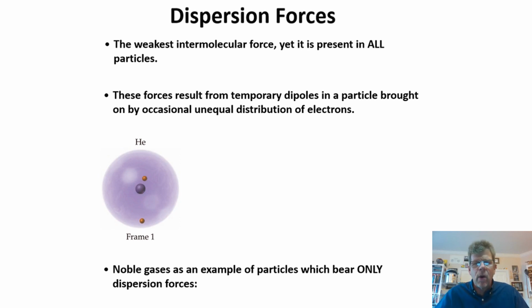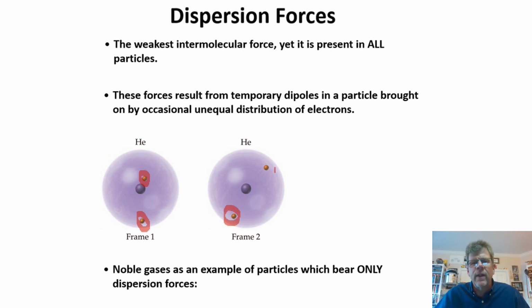At any given moment, we'll look at various snapshots of time, perhaps 1 electron is here and 1 electron is here. In another instantaneous snapshot, perhaps 1 electron is here and the other electron happens to be here.